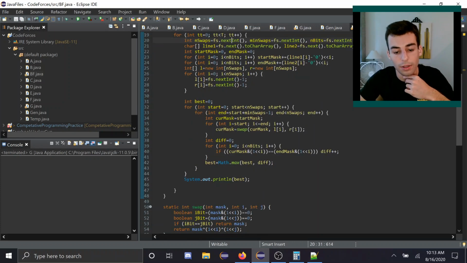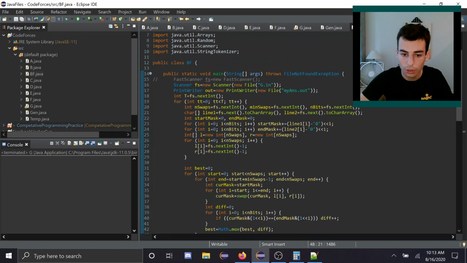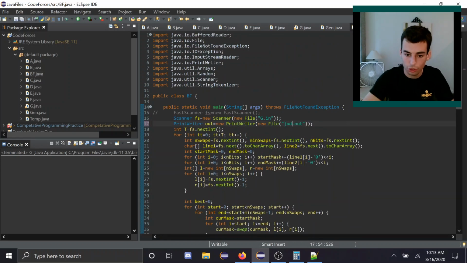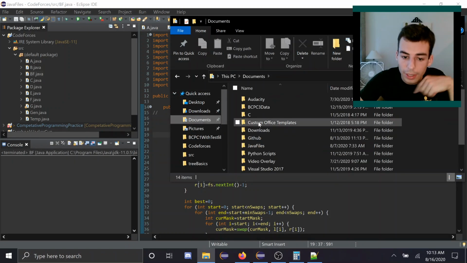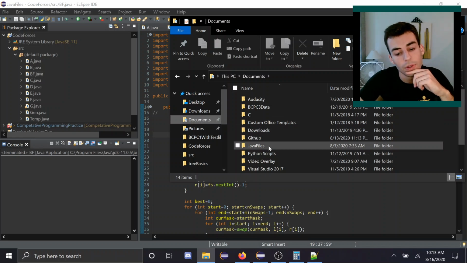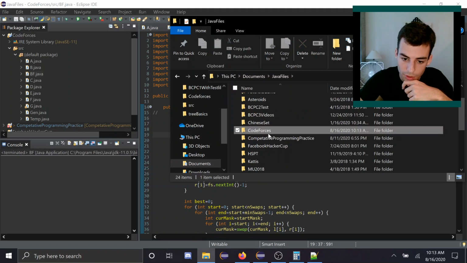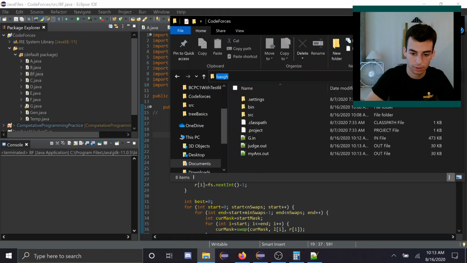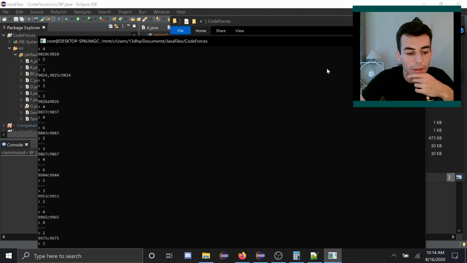Alright, so we've got this. Print it to the file. Close. We also want a different file. We want to judge that out. GitHub, or yeah, CodeForces here. They are different.